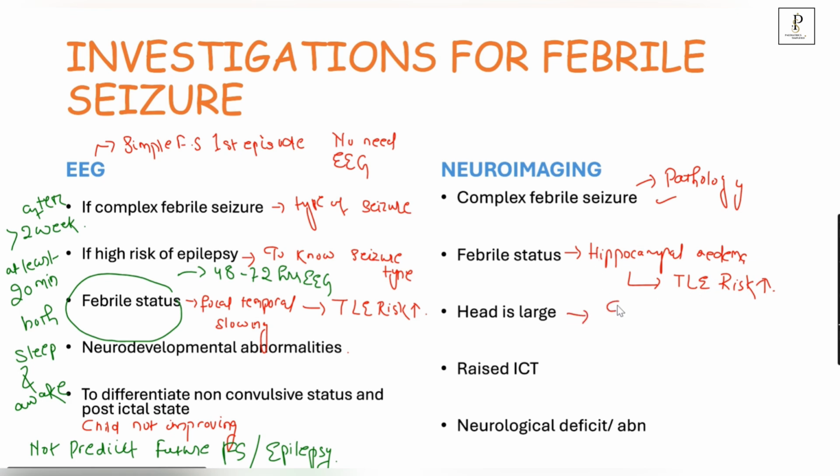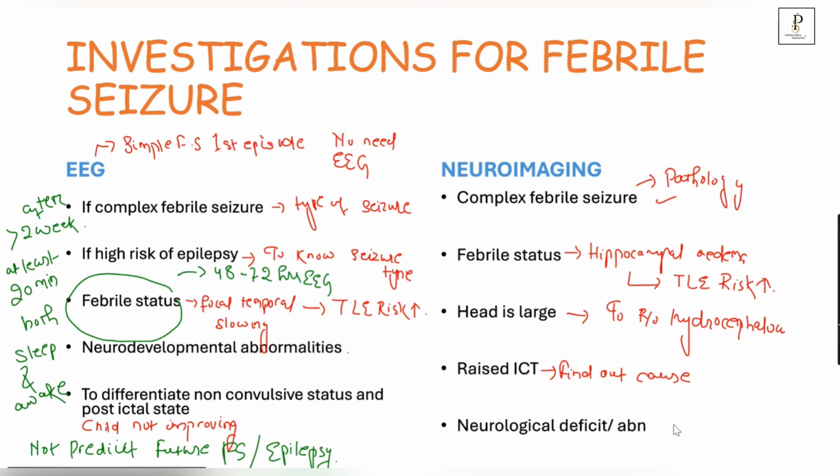If the head is large, to rule out hydrocephalus, you have to do neuroimaging. If raised ICT, there must be a cause. To find out the cause, whether it is a tumor or any intracranial space occupying lesion or other pathology like meningitis, you have to find that through neuroimaging.